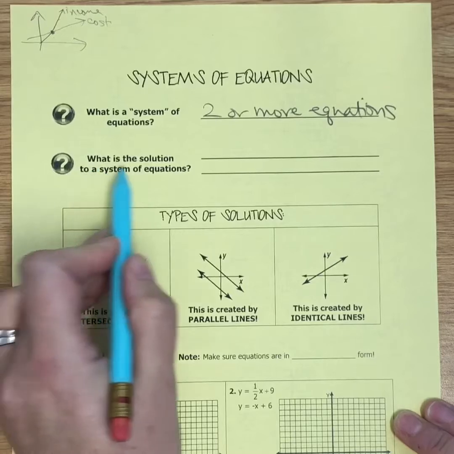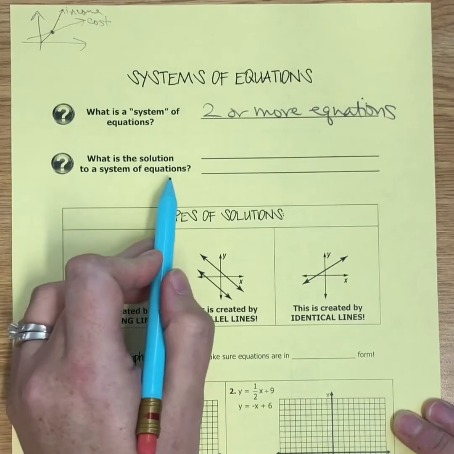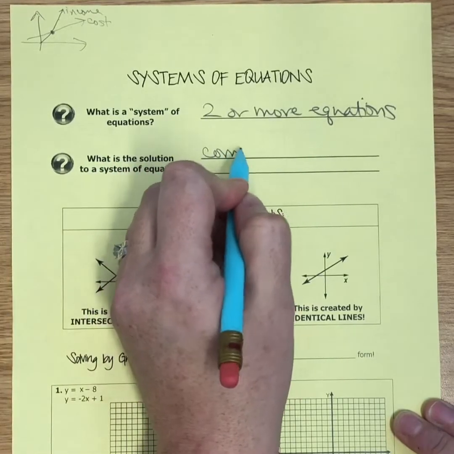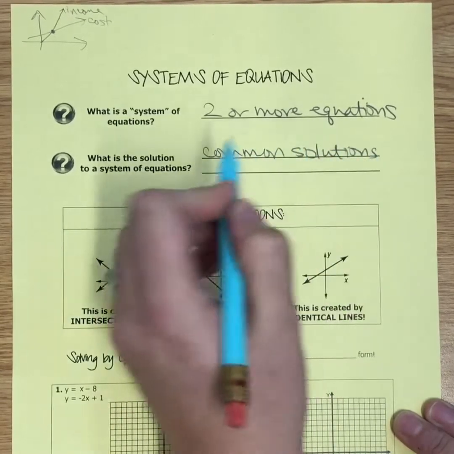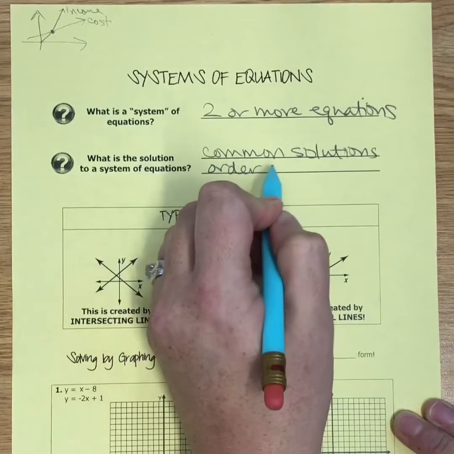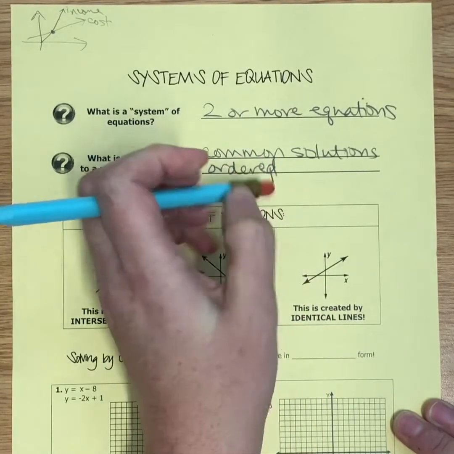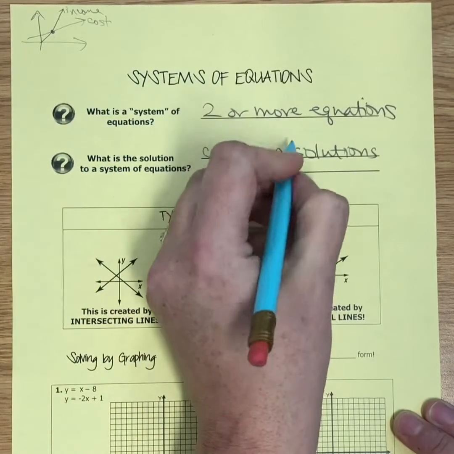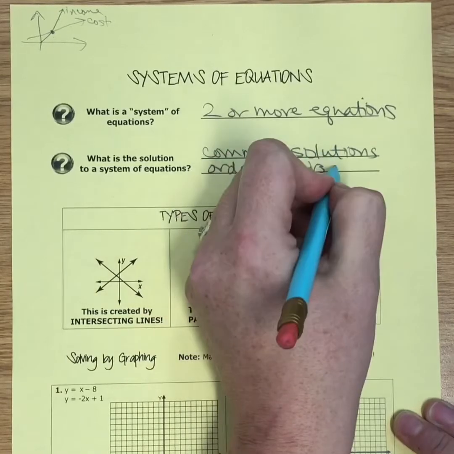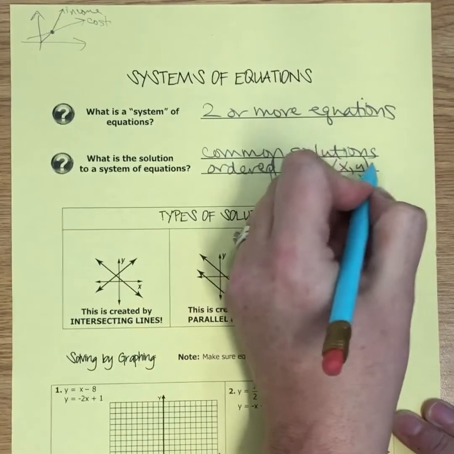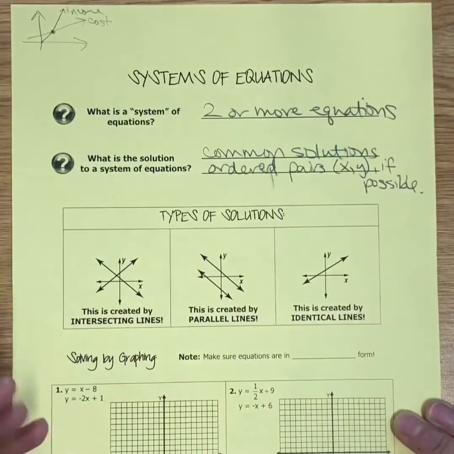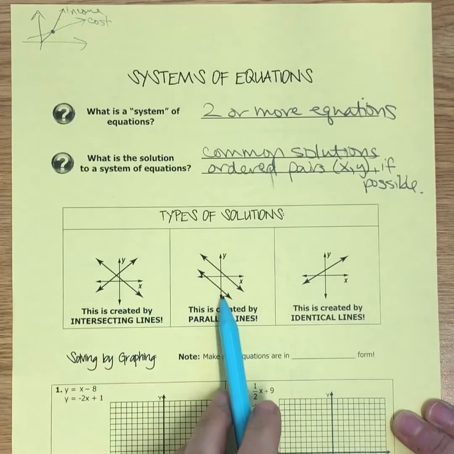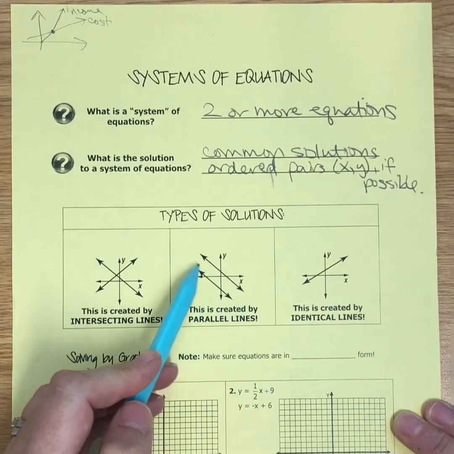And basically, what is the solution to a system of equations? It's the common solutions. And when we're talking about common solutions, we're talking about ordered pairs, x comma y if possible. Because we'll see, for example, parallel lines: do they have any points in common?